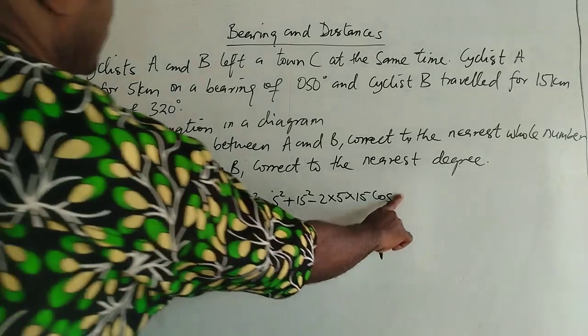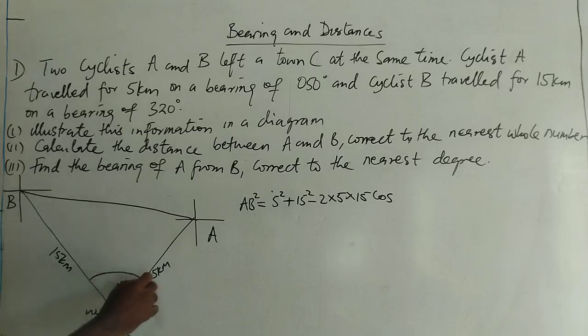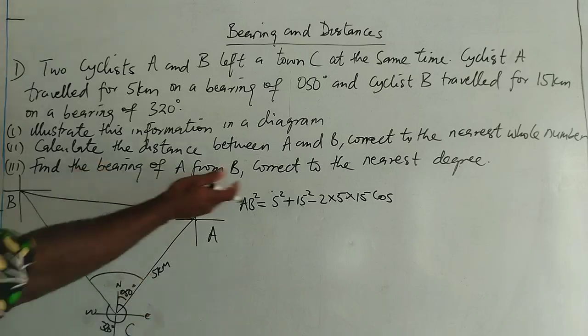Now, this angle, we're supposed to get it from here. If you look at this point, we are talking about this angle. That is the angle facing the missing side.